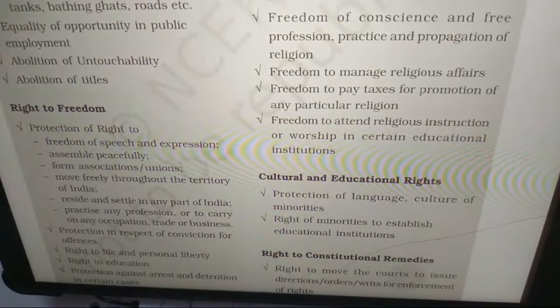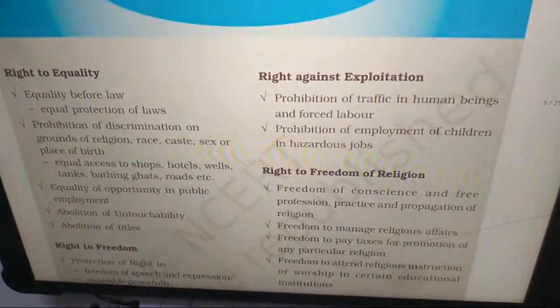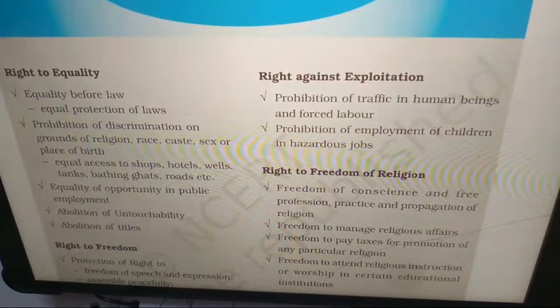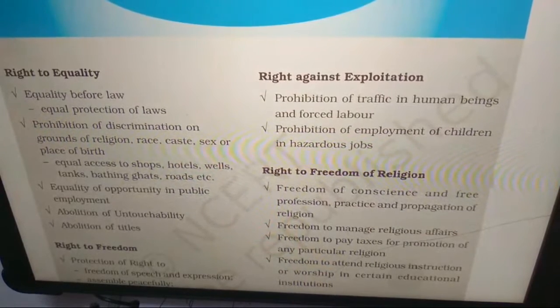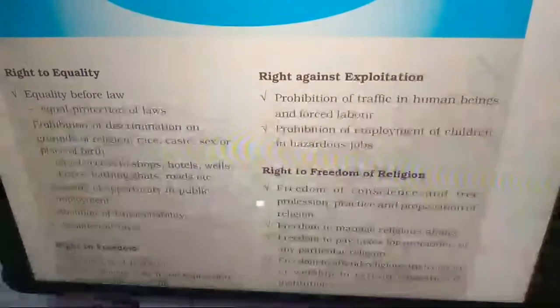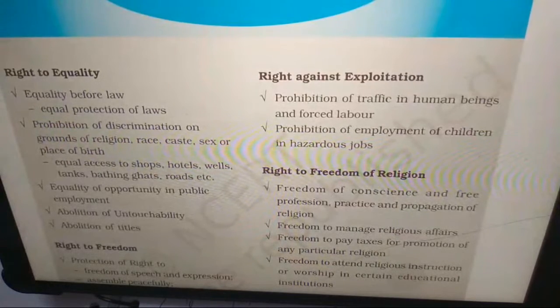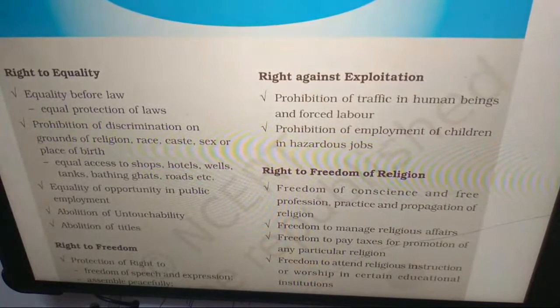Protection against arrest and detention in certain cases, right against exploitation, prohibition of traffic in human beings and forced labor, prohibition of employment of children in hazardous jobs, right to freedom of religion, freedom of conscience and free profession, practice and propagation of religion, freedom to manage religious affairs, freedom to pay taxes for promotion of any particular religion, freedom to attend or worship in certain educational institutions.